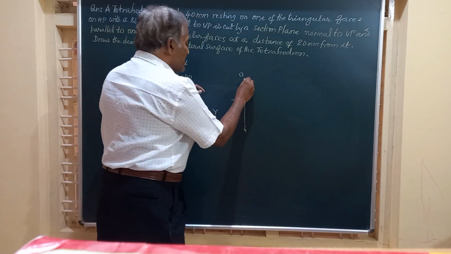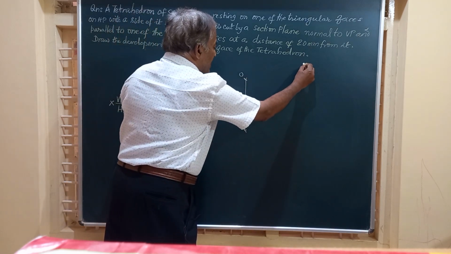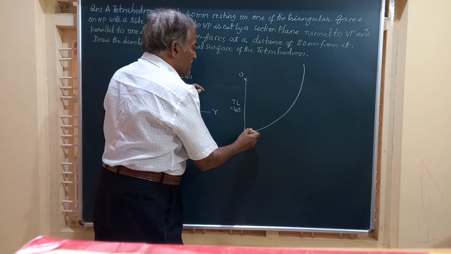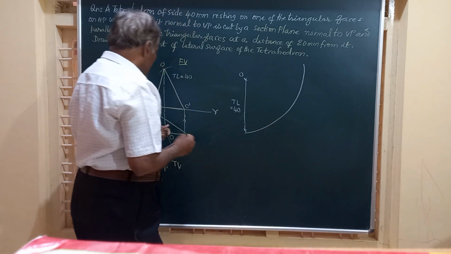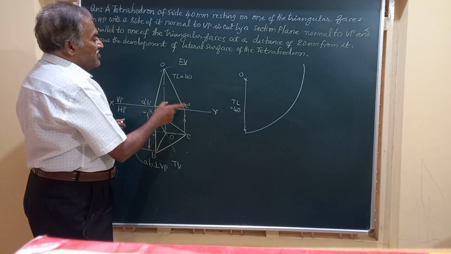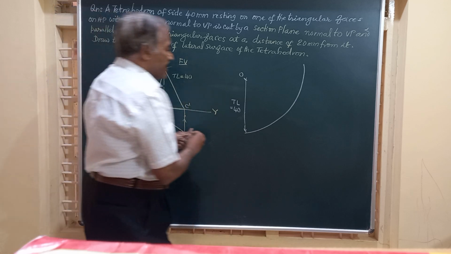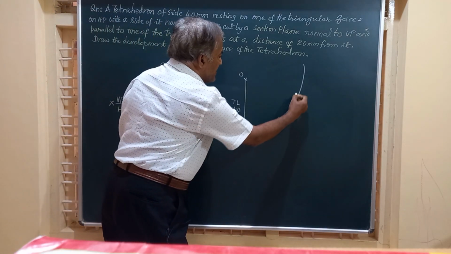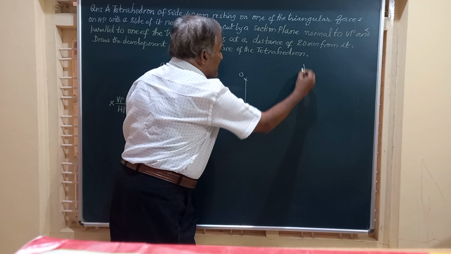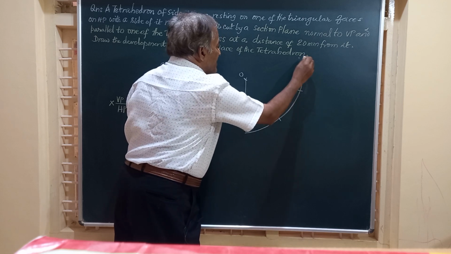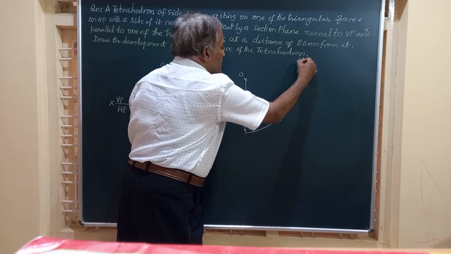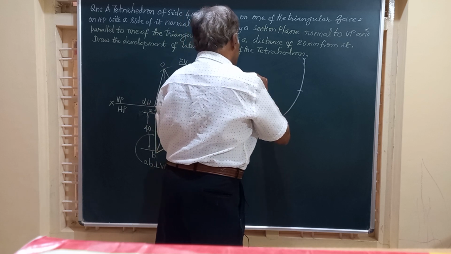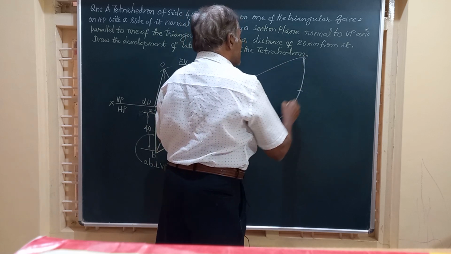And using this as center, this as radius, I am going to draw an arc. So on this arc, I am going to step off 3 times this length 40. So this is 40, 40, and say this is again 40. So I am going to join the last point to this.